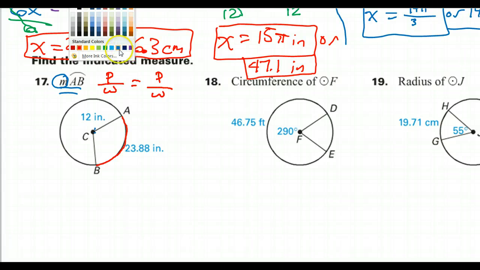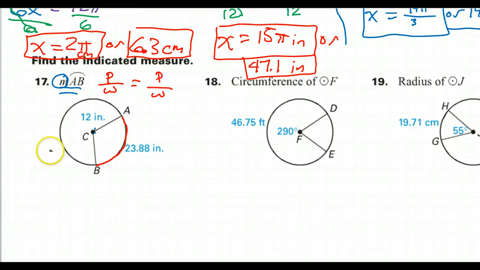Alright, but this time when I do my part over whole, when I go to do partial degrees over total degrees, I know the total degrees are 360. Now the partial degrees, that's what we are being asked to find, because the arc measure and this angle are the same thing. So we are being asked for this.